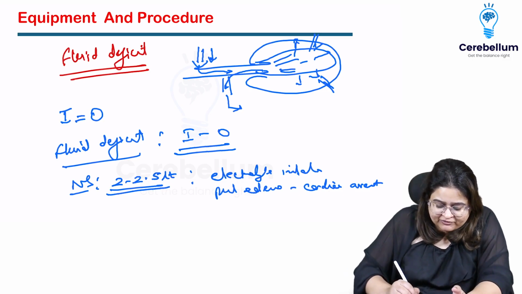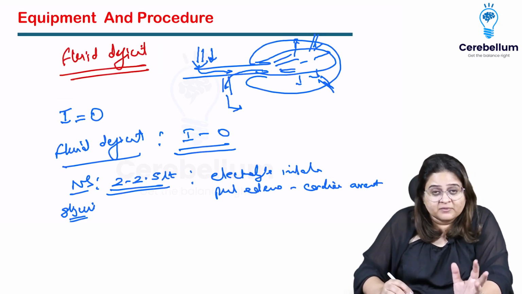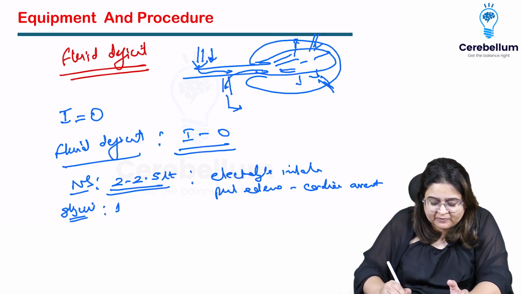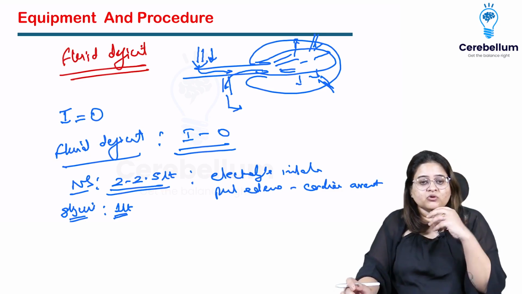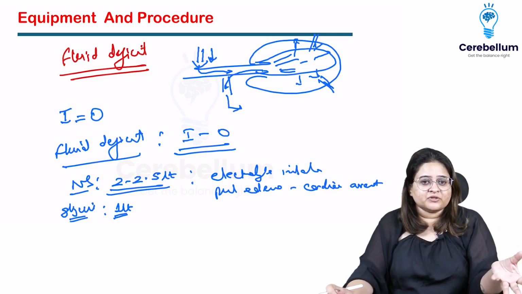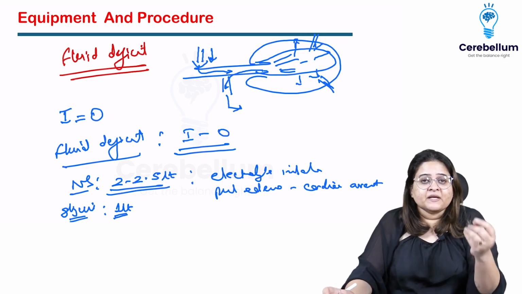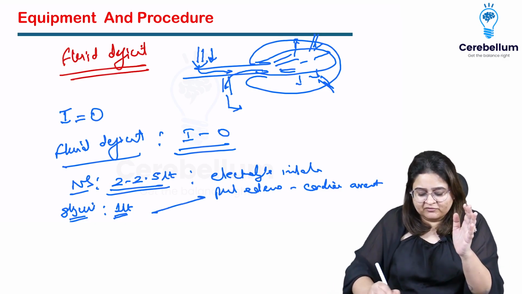And if you're using, say, glycine, the non-conductive fluid media, then the upper limit is taken as 1 liter. So you should not be giving more. The fluid deficit which is being calculated by the people in the operation theater should not go more than 1 liter. If it goes more than 1 liter, then the risks become higher.